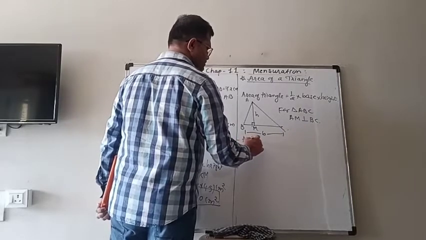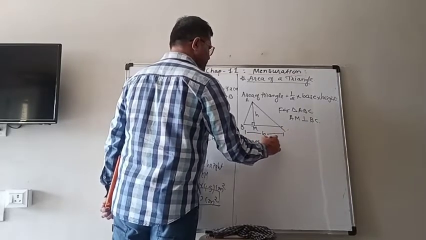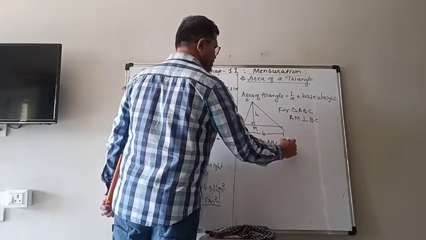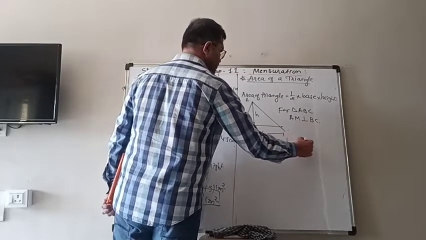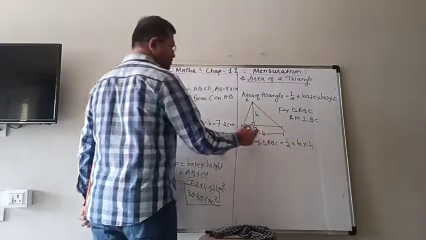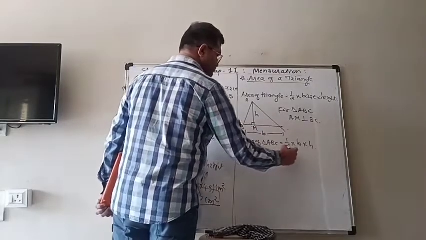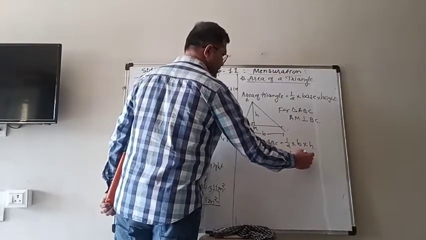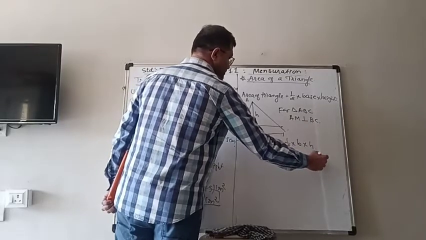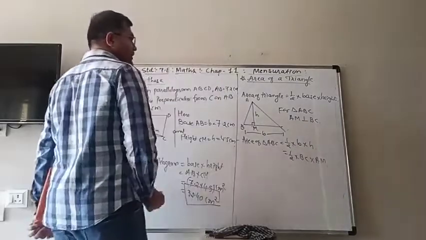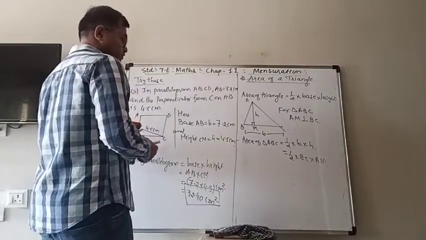Therefore, area of triangle ABC is equal to half into base into height. What is base here? BC. So half multiplied by BC multiplied by AM.